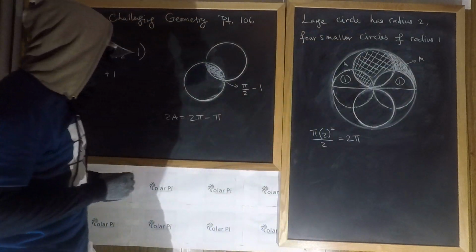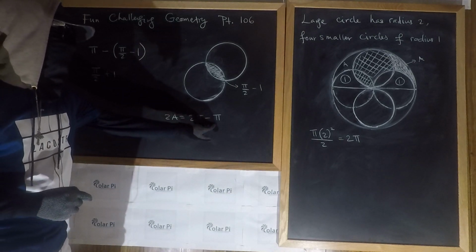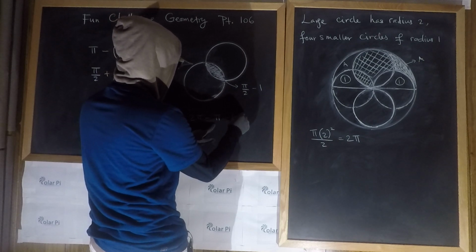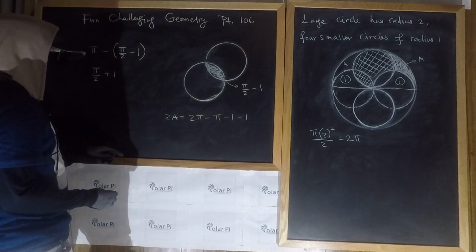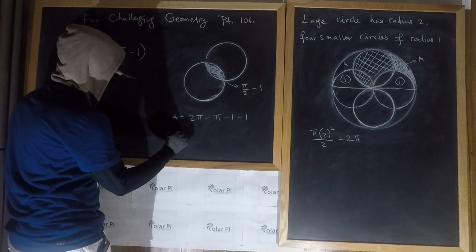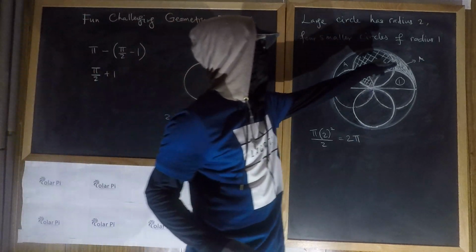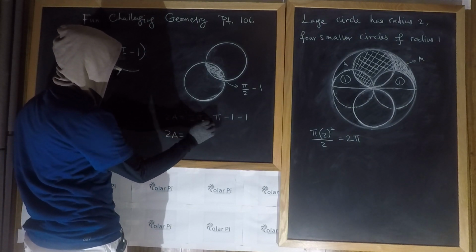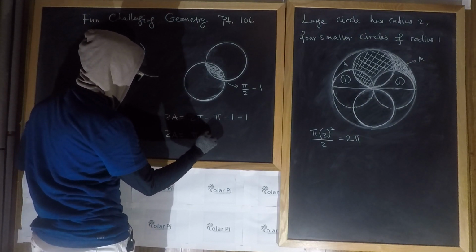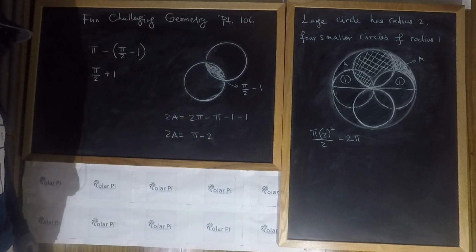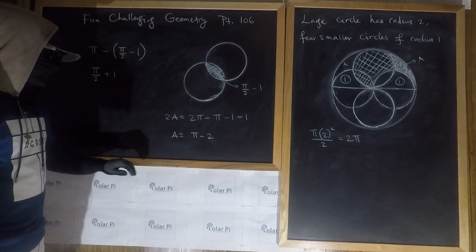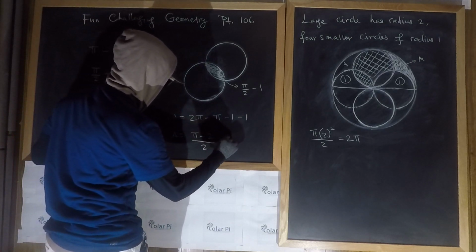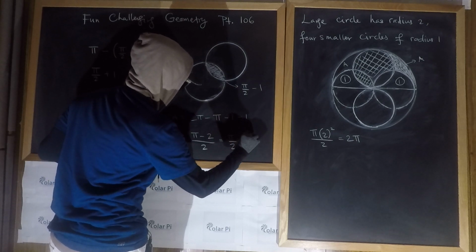Yeah? Okay, so 2 pi minus the small circle minus 1, and then minus another 1. So 2A, where A again is this little strip that has a nice design, is equal to pi minus 2. So then A must be (pi minus 2) divided by 2. So that's pi over 2 minus 1.